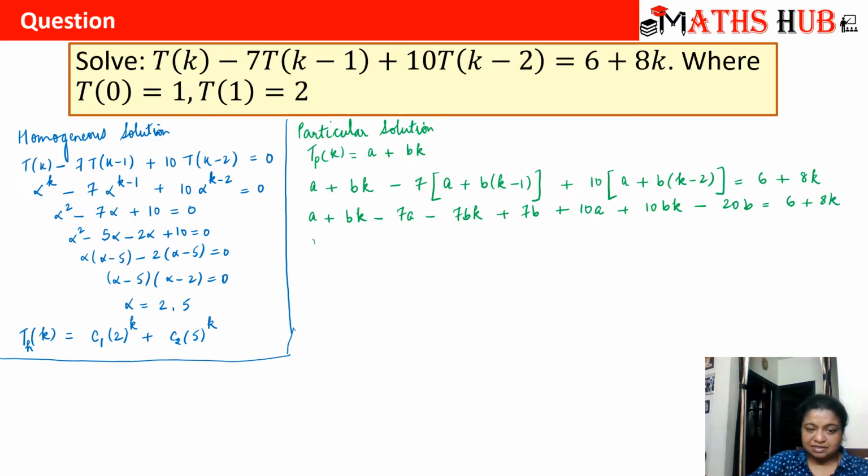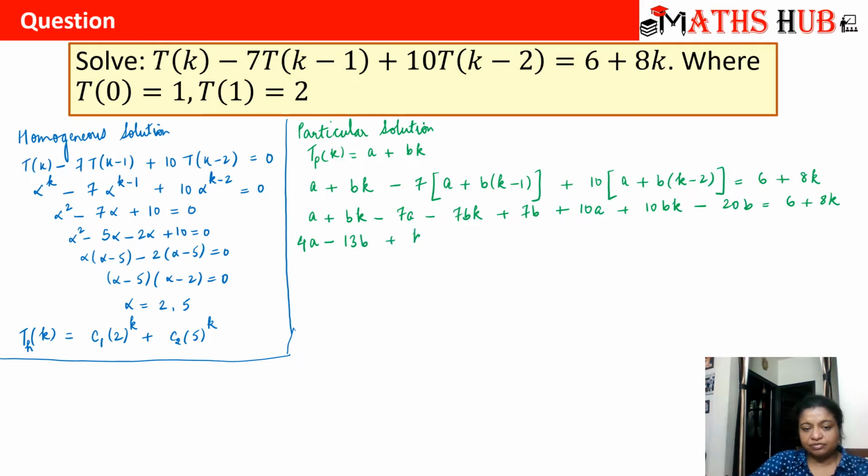So the constants are a minus 7a, so it is a minus 7a minus 3a. Minus 3a plus 10a is 7a, right? So a minus 7 is minus 6a, and plus 10 is 4a. We'll get this. Now for coefficients of b, it is 7b minus 20b, so it is minus 13b.